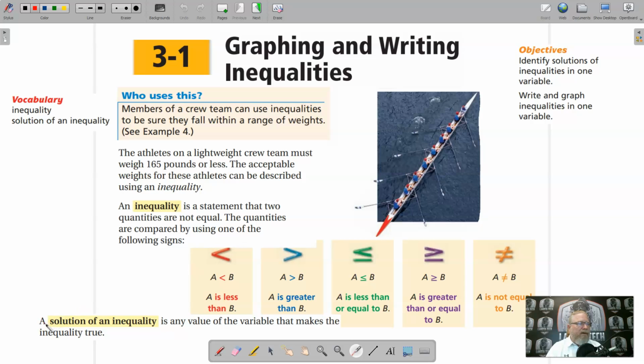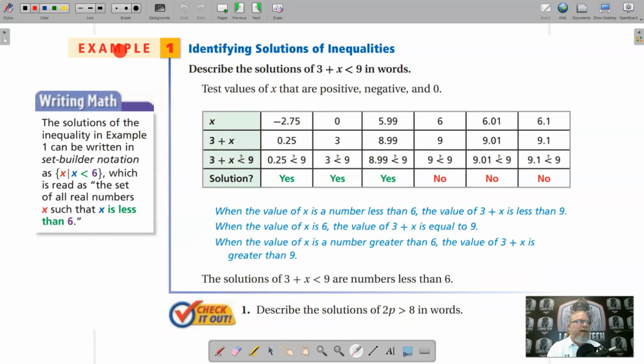So now let's talk about a solution of an inequality. A solution of an inequality is any value of the variable that makes the inequality true. So let's look at a table here in example 1, and we're going to talk about identifying solutions of inequalities. Here we have described the solution of 3 plus x is less than 9, and they want us to do it in words.